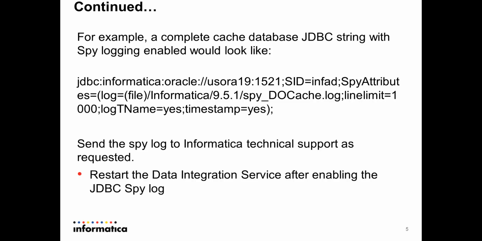And after sending the spy log to Informatica technical support, please do remove the additional parameters from this default JDBC string if it's not needed anymore, and if Informatica support does not ask you to keep it enabled.